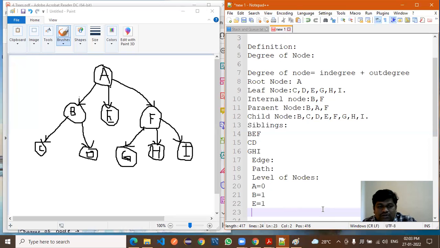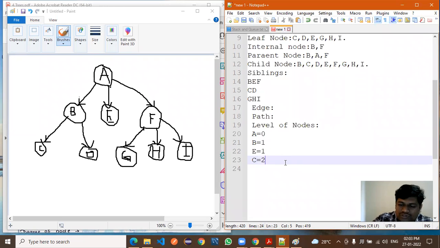Now we'll take C. What is the level of C? 2. What will be the highest level in this diagram? Highest level is 2. Now what is the level of F? 1. H, I: 2, right? So, level of nodes.